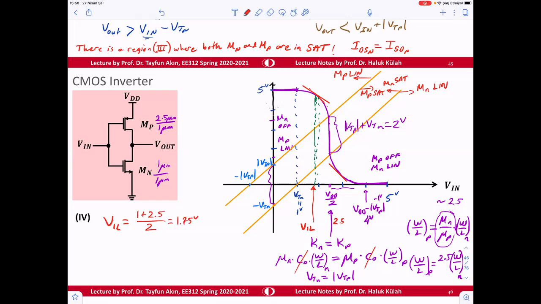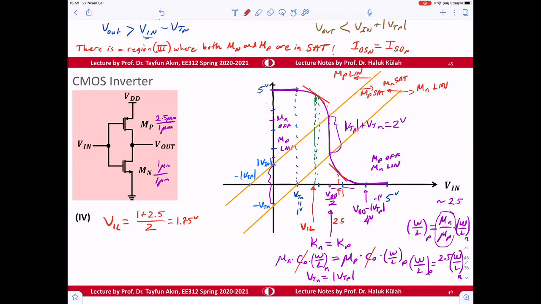And similarly, if you look at the other point, it's going to be here. This is going to be the point. So this is going to be the slope.